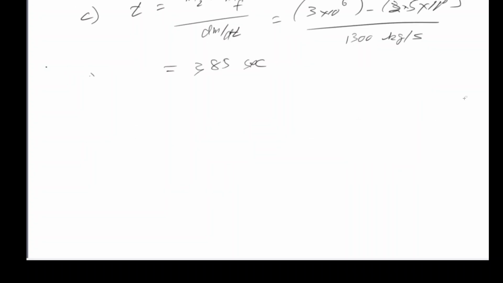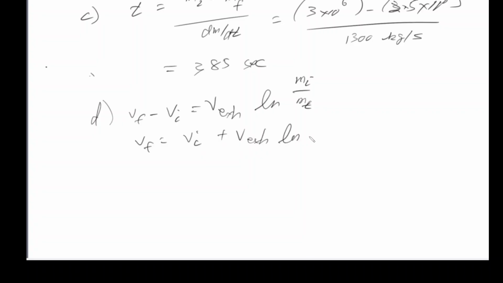For the last part, we want to find out what the velocity of the rocket is after all the fuel has burnt out. So from our rocket equations, we know that V final minus V initial is equal to V of the exhaust gases times the log of the initial mass over the final mass after the fuel has burnt out. Or V final is equal to V initial plus V exhaust times the log of mi over mf.